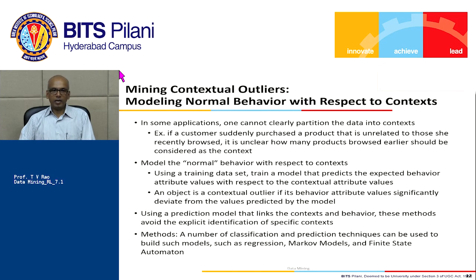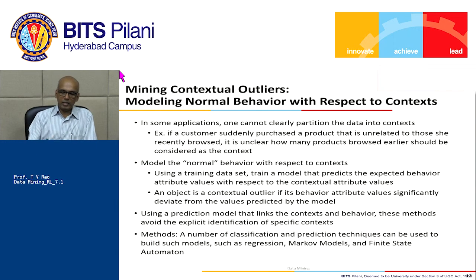The other technique for mining contextual outliers is modeling the normal behavior with respect to a context. For example, if this is the age, this is likely to be the purchasing habits. Having modeled the normal behavior, we can find wherever there is a data object which is violating this normal behavior.